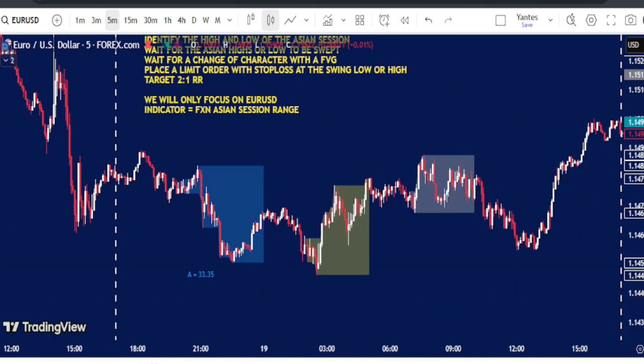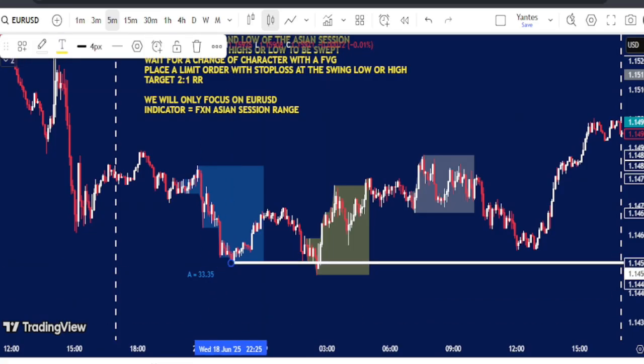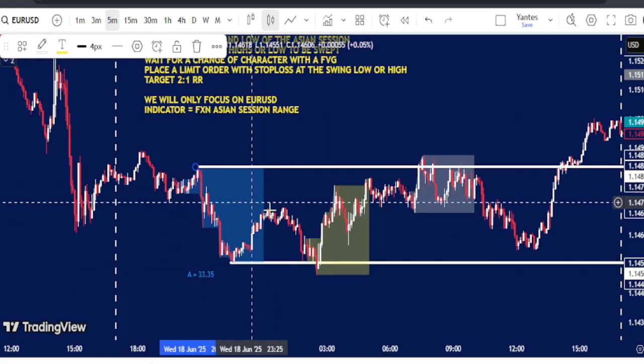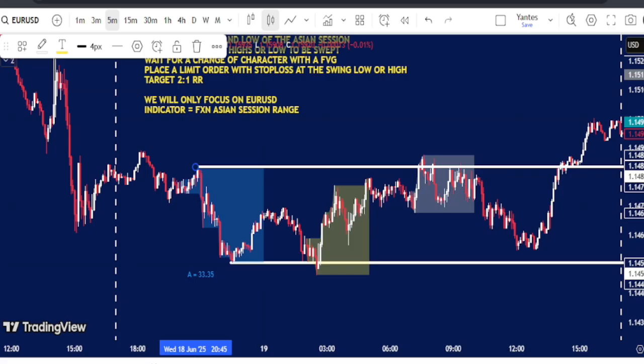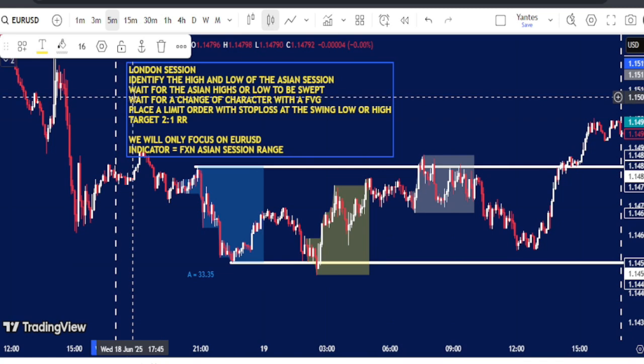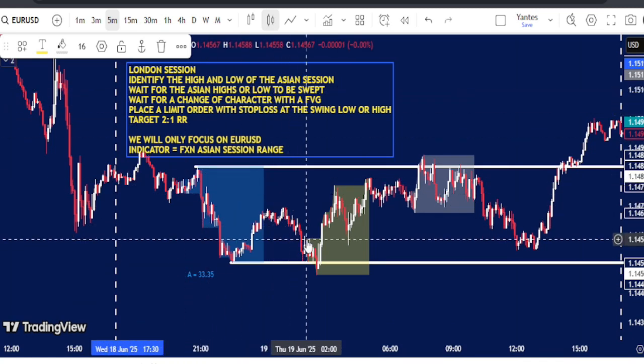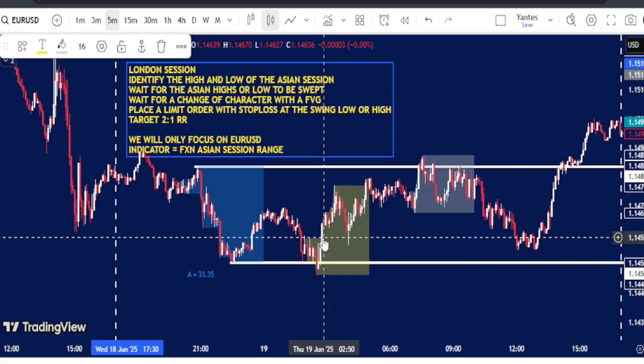So we will wait for this low or this high to be taken out. Then what is the next criteria? Wait for Asian highs. So has it been taken out up to this point? It has.